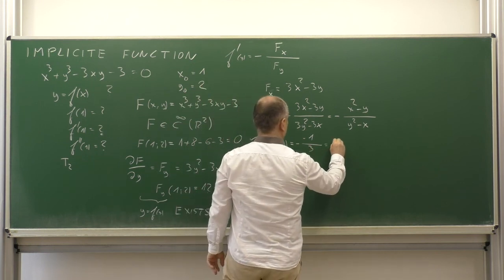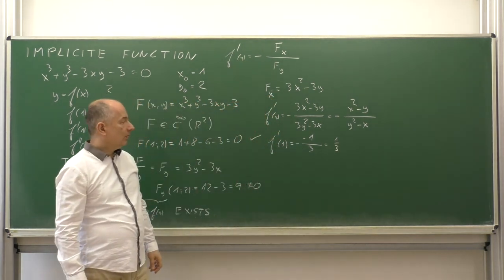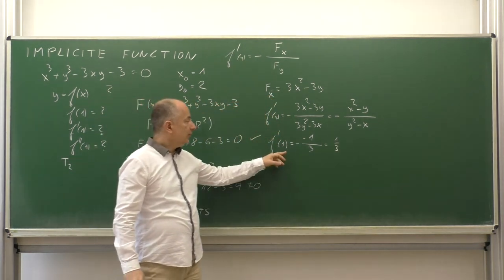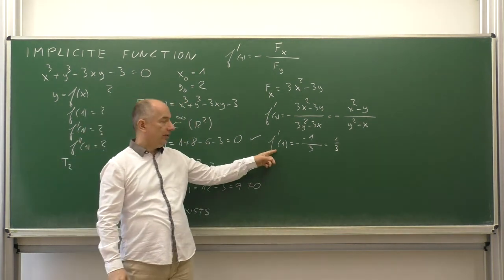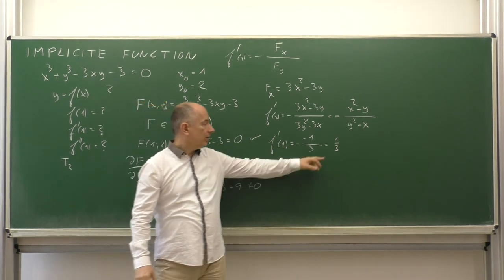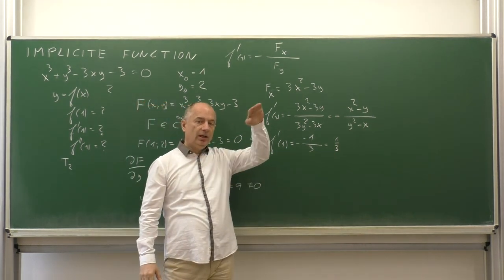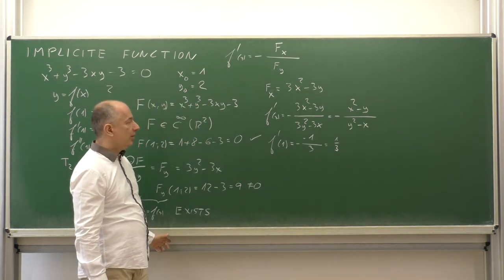So the derivative is 1/3. Well, this is already quite useful information. It tells us that the function small f has definitely no extremum at 1, because the positive derivative indicates the function is increasing. No minimum, no maximum at this point.